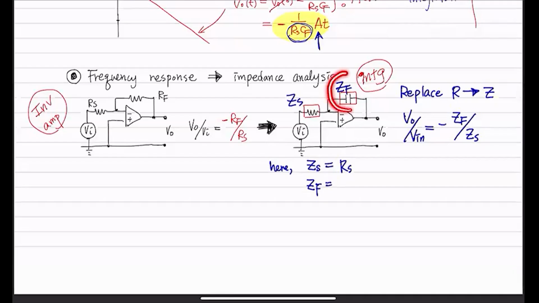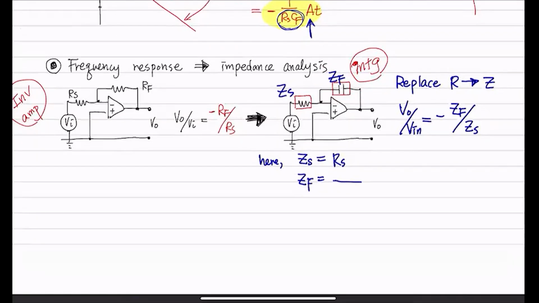The impedance of this capacitor. That is 1 over j omega CF. So the impedance of a capacitor is 1 over j omega CF, where j is the imaginary number, omega is your frequency in radians per second, and CF is the capacitance of this guy. Next step is you just plug these back in here.